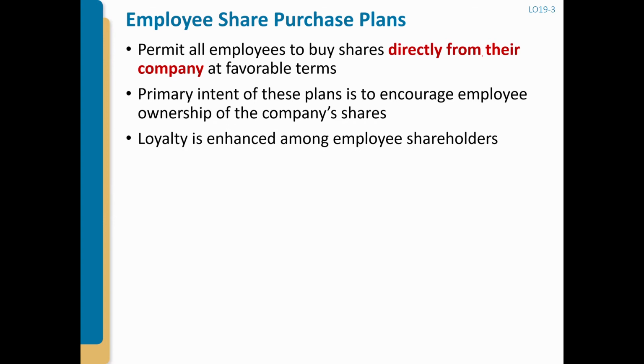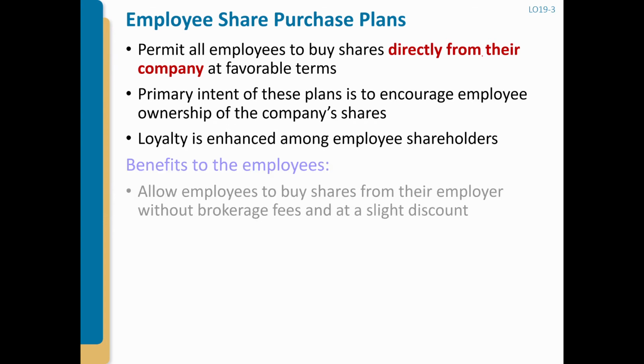This is called an employee share purchase plan. So employees can purchase the company's stock with a discount. So this plan allows employees to purchase with a discount. So we have to think about, are we going to consider this as compensation expense or not?